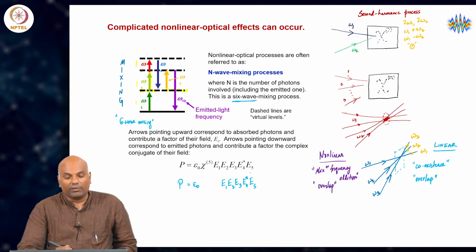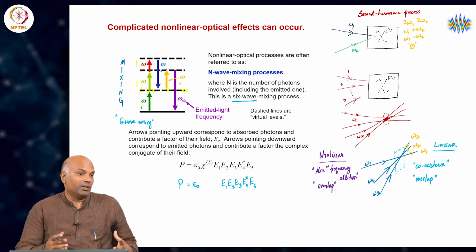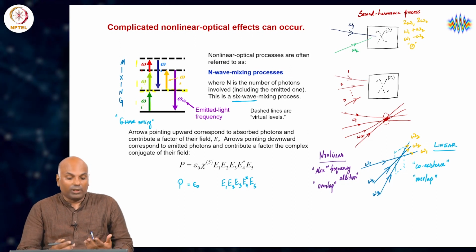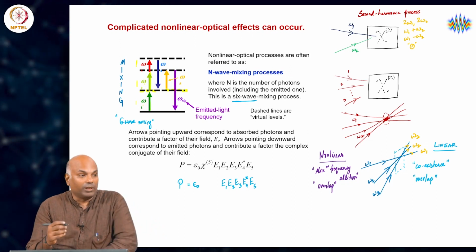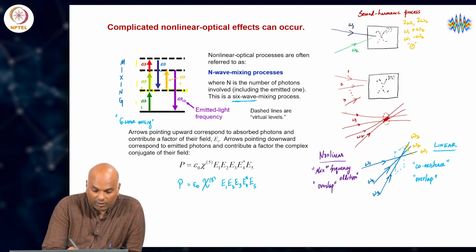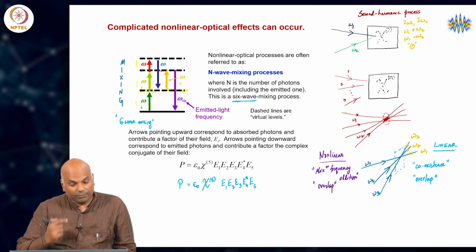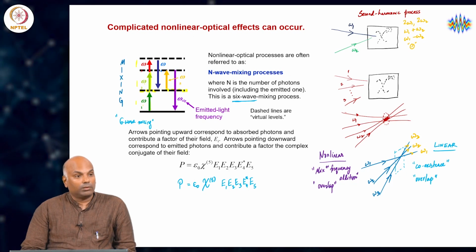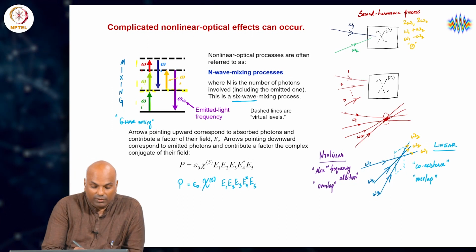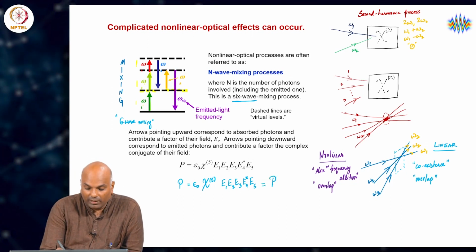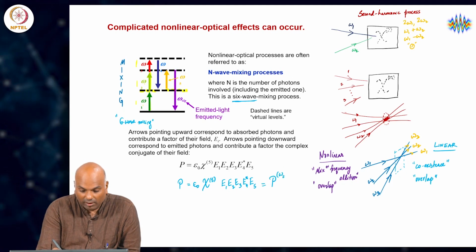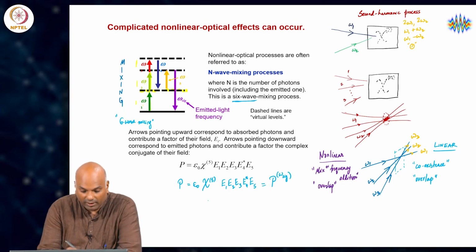So, whenever we have a minus sign, the corresponding frequency gets subtracted out and we have the complex conjugate of that particular field appearing, and there should be a corresponding chi for this process. Okay. And this would result in a P which essentially oscillates at the frequency omega signal.